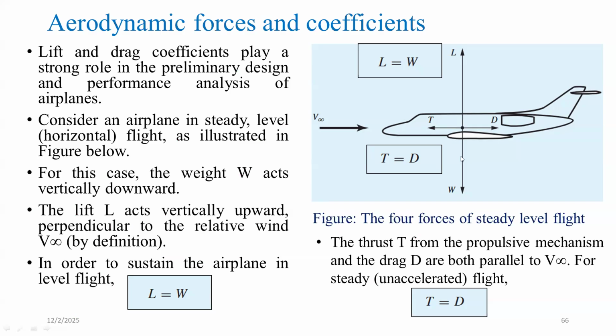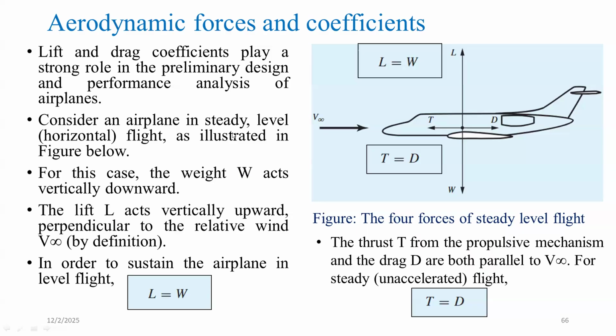These are actually the four forces. Lift equals weight and thrust equals drag is a flight condition considered steady level flight. Lift and drag coefficients play a strong role in the preliminary design of aircraft and performance analysis. So we can consider an airplane in steady level flight.